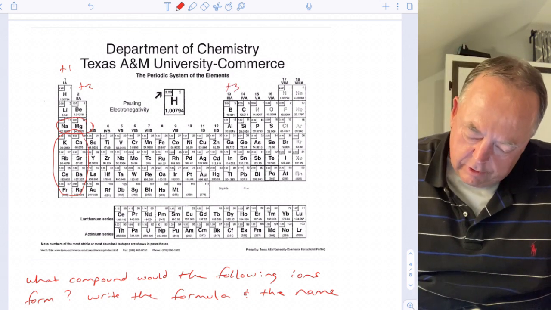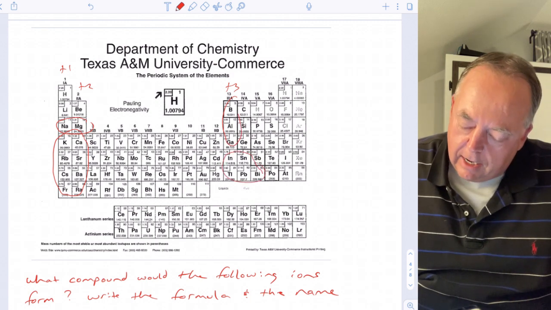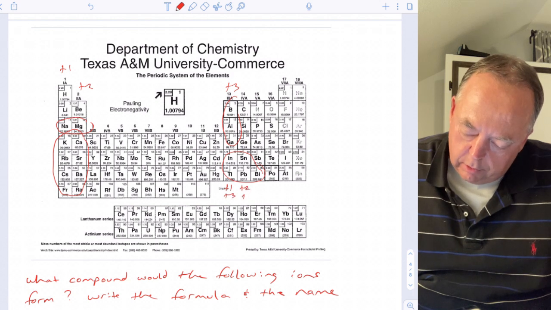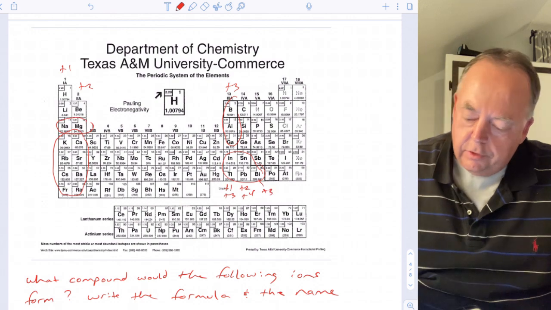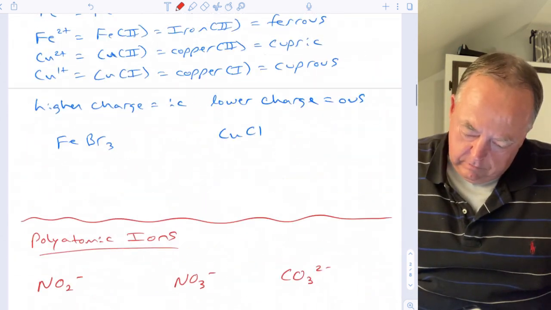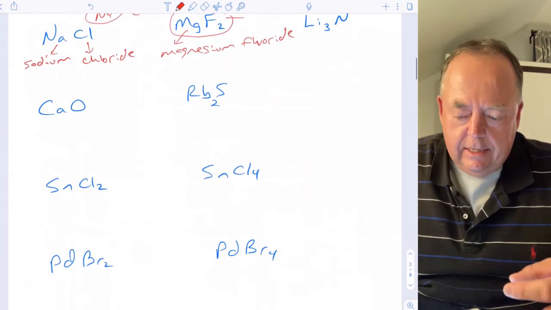These like to be +3, right, these elements. But then, of course, as you get down here towards the bottom, they could be +1 or +3, +2 or +4. And bismuth likes to be +3. Okay, those are very common charges, so you don't have to put the charge in the name.